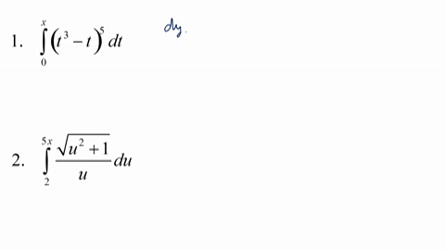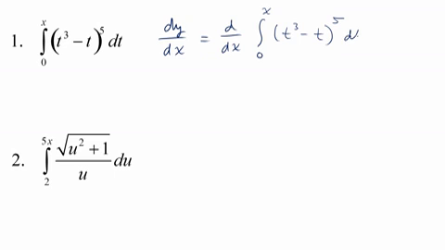We want to find dy/dx, which is equal to d/dx of the definite integral from 0 to x of (t cubed minus t) to the 5th power dt. To find this, we simply take x and substitute it where we see t's on the right-hand side.